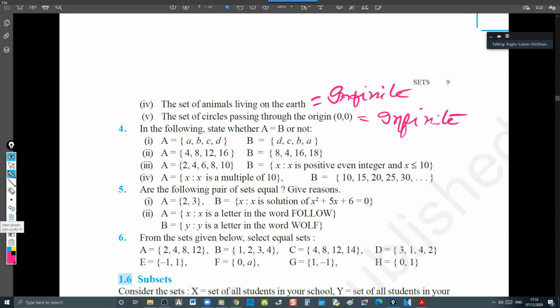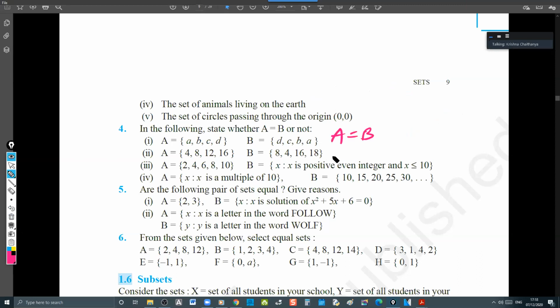Yeah, fourth one. Chetu. Yes, sir. In the following, state whether A equal to B or not. In the first one, they are equal, sir. In the second one, they are not equal. In the third one, they are equal.